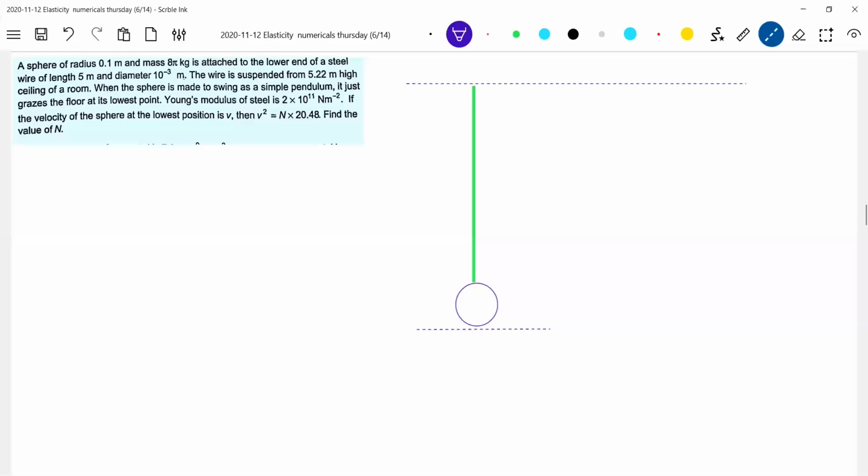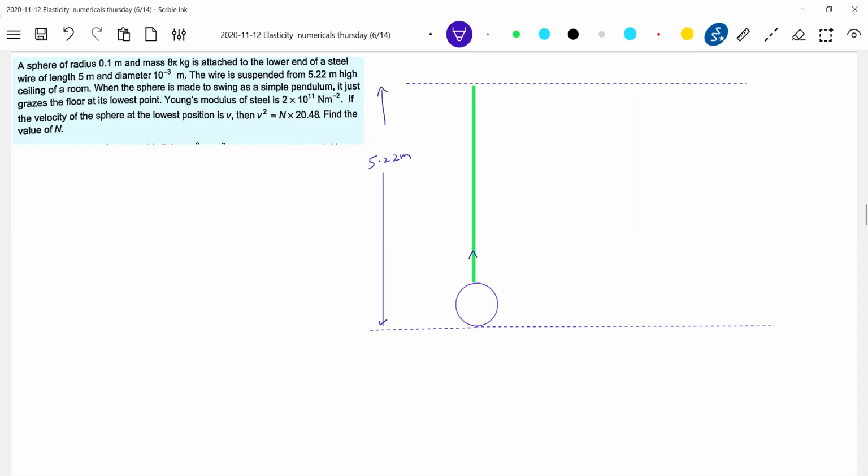The floor is telling us this. This is the length of the wire, 5 meters, and the radius of the sphere is also given. The wire is suspended from 5.22 meter height.